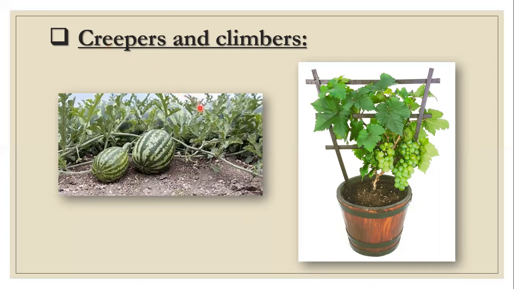Now, some other weak stemmed plants take the support of other structures and grow erect. Such plants are called climbers. So climbers are also weak stemmed plants, but they take support and grow erect. For example, grapevine, pea plant. These are all examples of climbers.